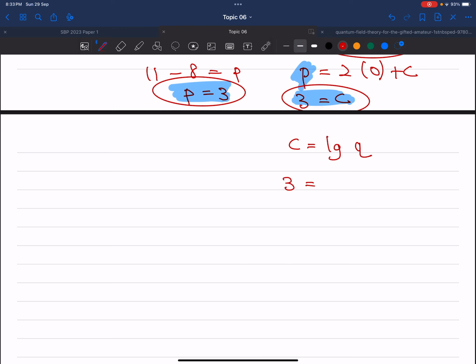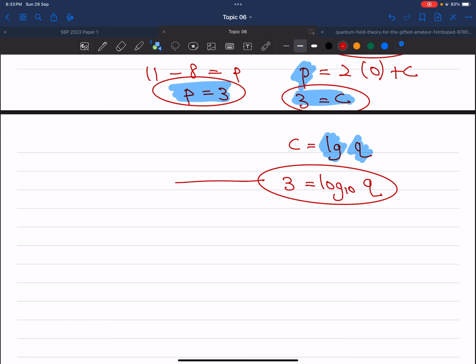You remember? lg means log base 10. The Q, I copy back. Now I stop for a while. Because we are using log, I have to go to the notes of log.